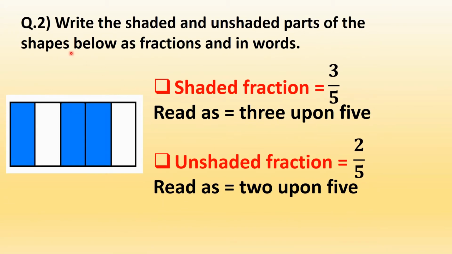Question number 2. Write the shaded and unshaded parts of the shapes below as a fraction and in words. In this figure, the square is divided into 5 equal parts. 3 parts are shaded and the remaining 2 parts are not shaded. So students, tell me, the shaded fraction is equal to, yes, 1, 2, 3.